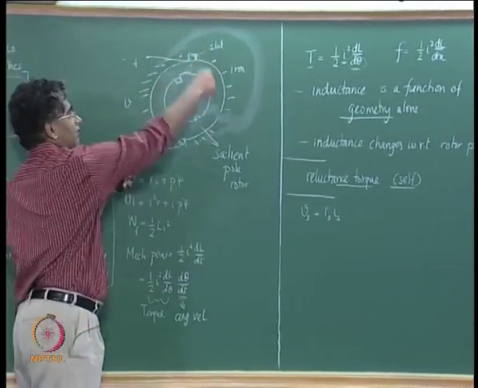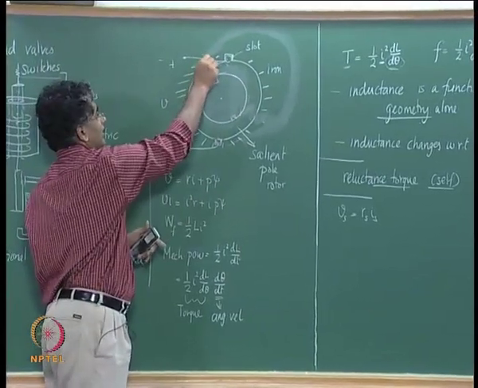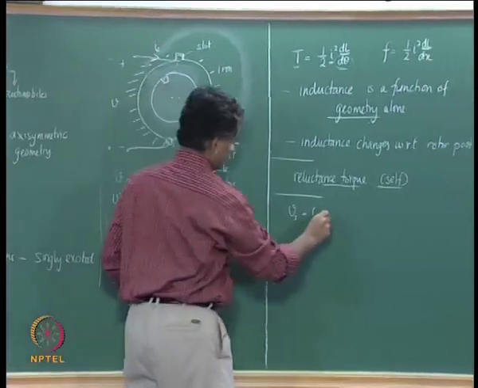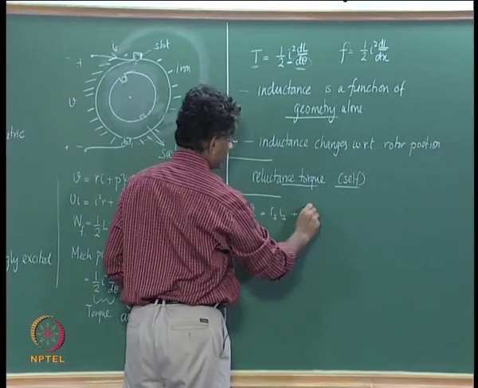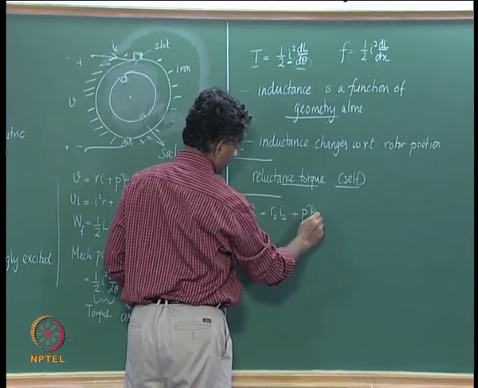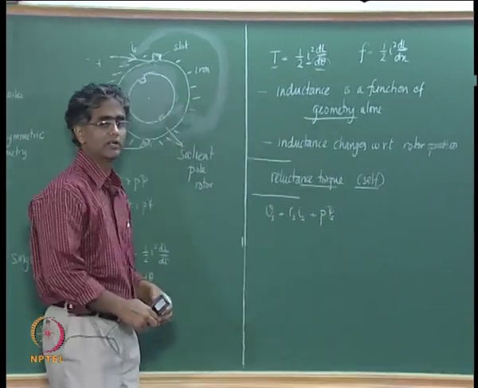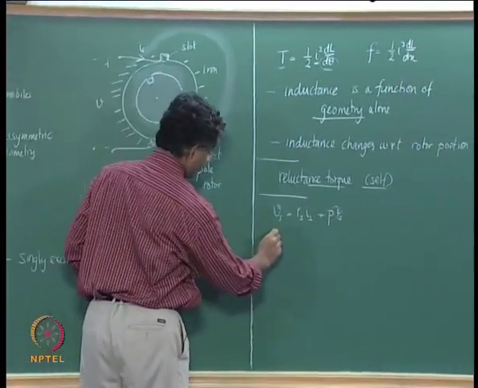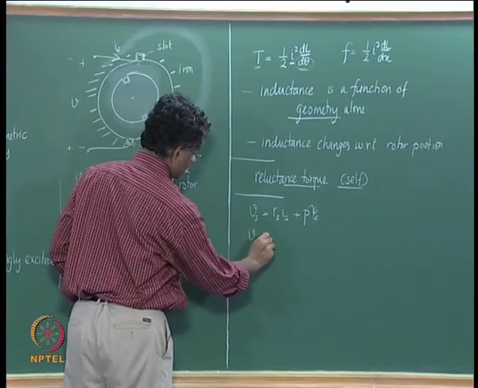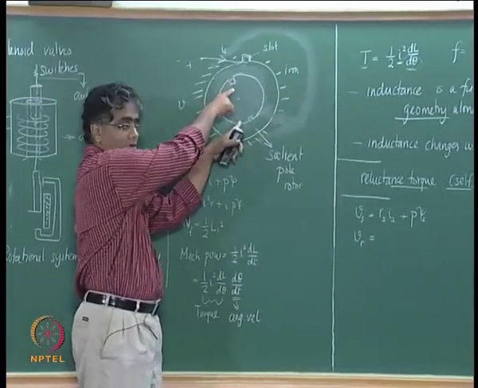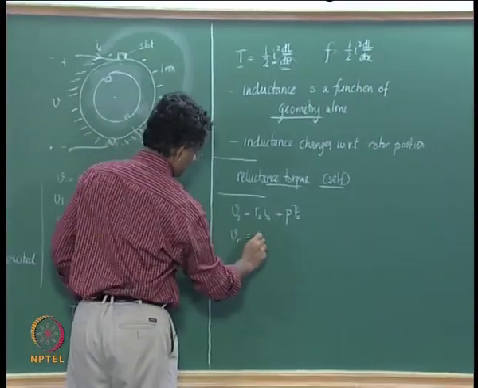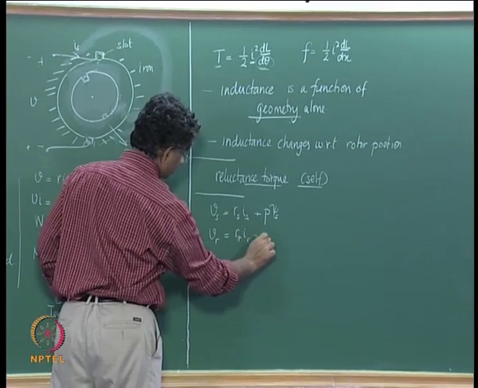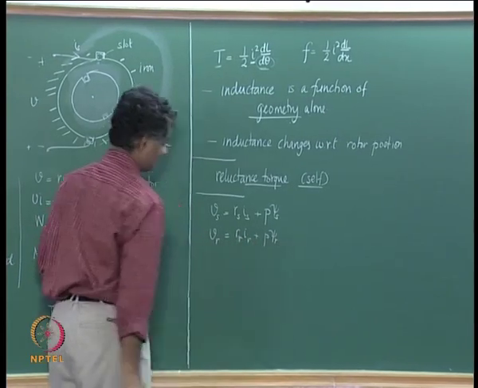Obviously, if you are going to have a wire loop here, it will have some resistance, there is some current flowing in, and therefore there is a resistive drop, plus P times the linkage of flux in the stator, that is rate of change of stator flux linkage. And similarly, you have another expression VR, which is the voltage applied to the rotor, that is RR IR plus P times psi R.